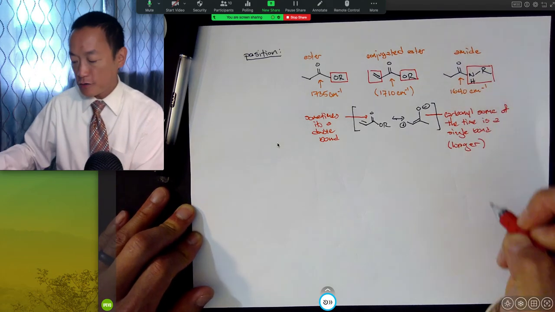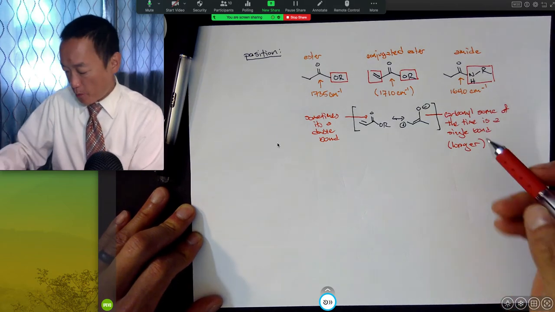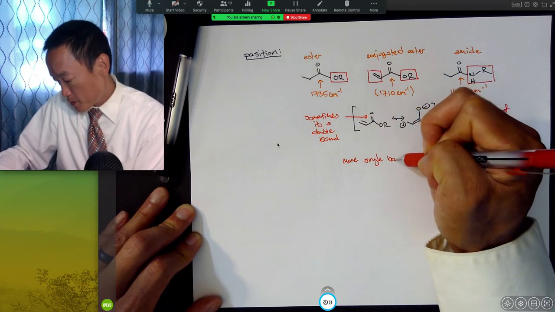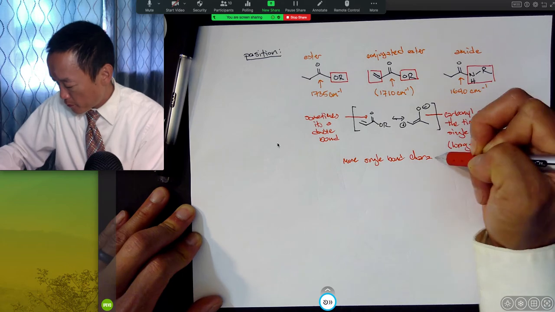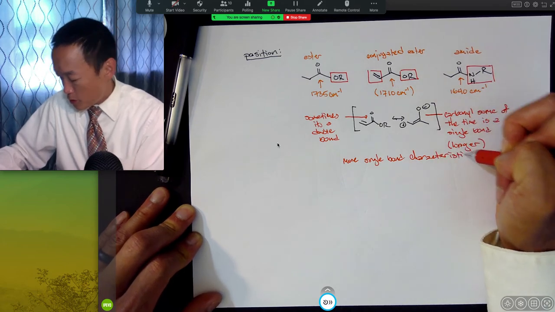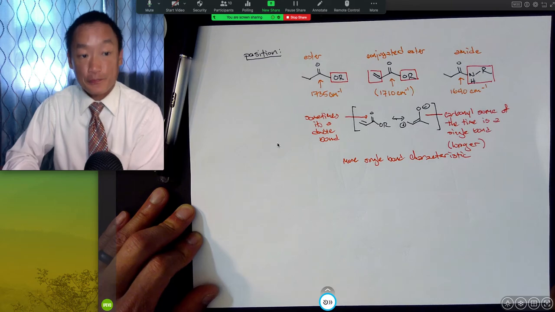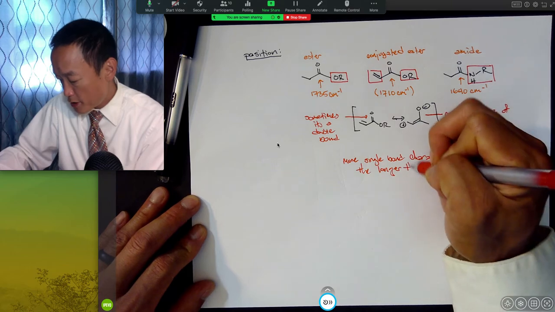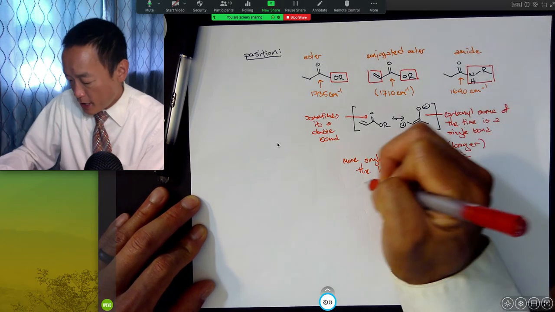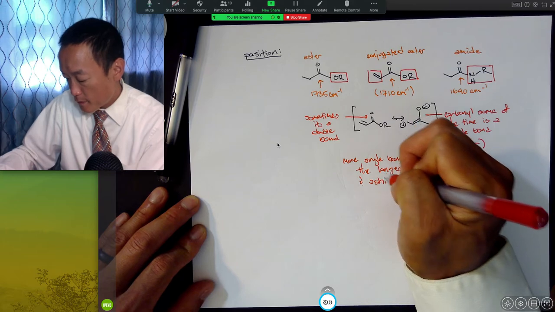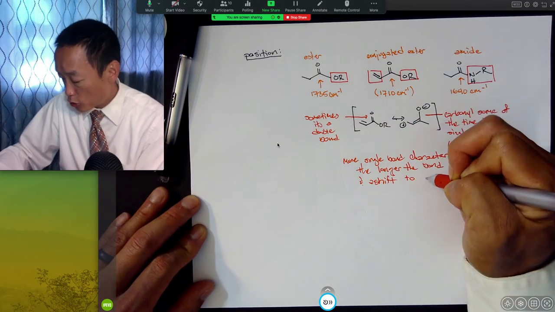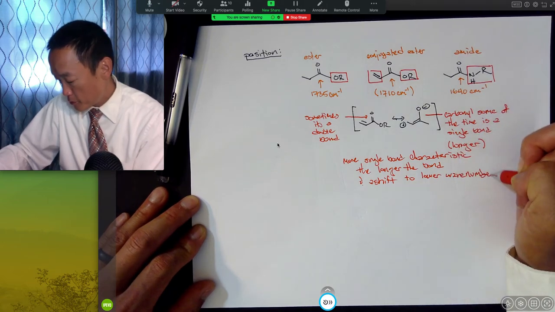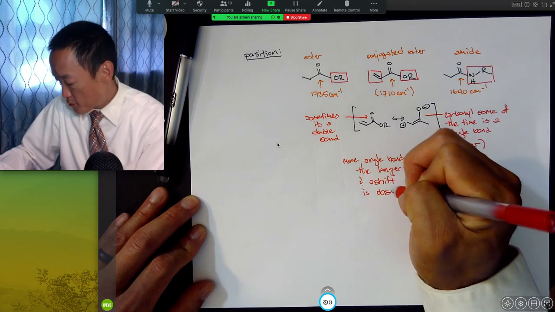And what we're deducing is that the more single bond characteristic, the longer the bond, and a shift to lower wave numbers is observed.